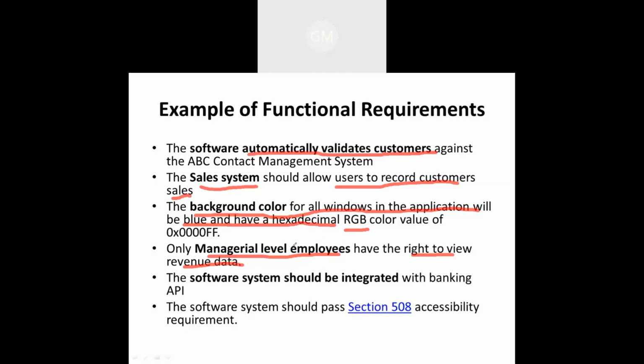So only managerial people, or you can say a city head, are going to look into those records and see how much revenue is generated, or how many products are bought on our portal. That information can be seen only by the higher authority. A managerial level employee is nothing but a higher authority employee, they can see. That is again a functional requirement.